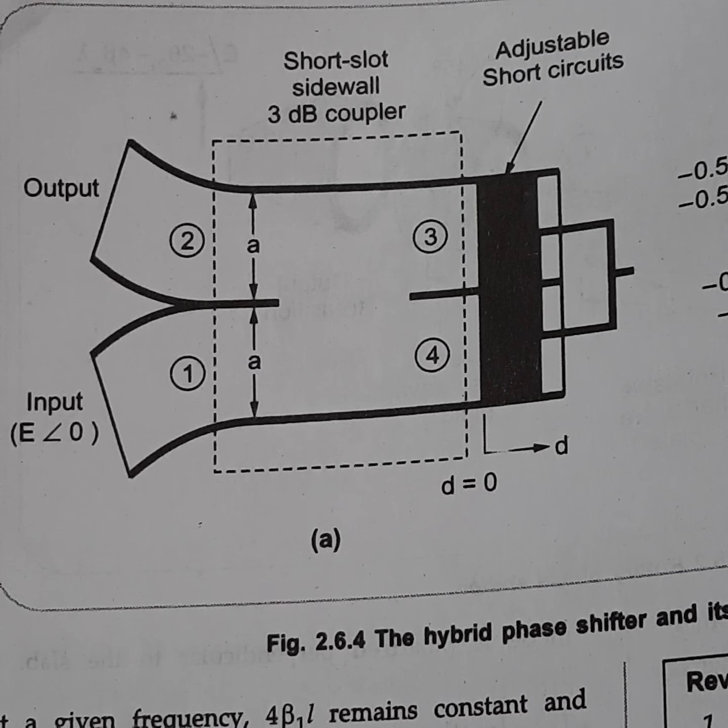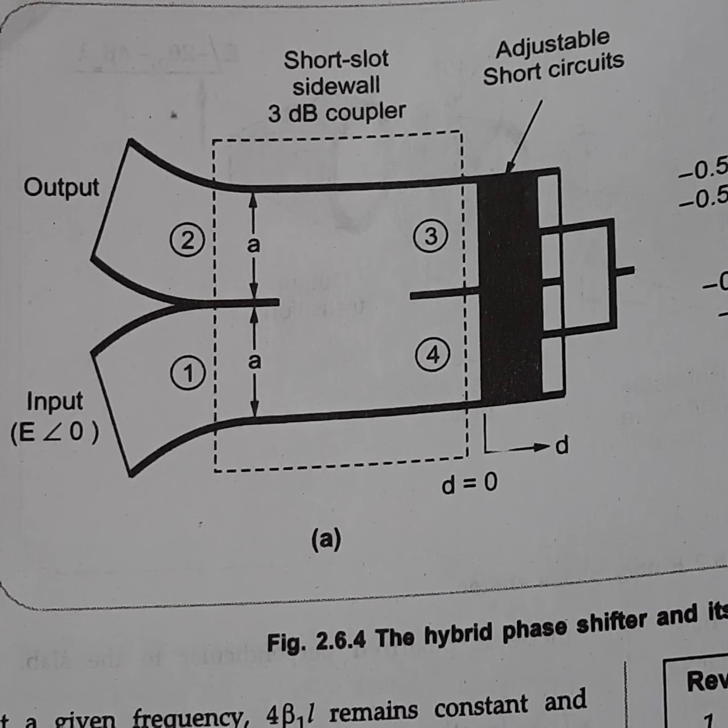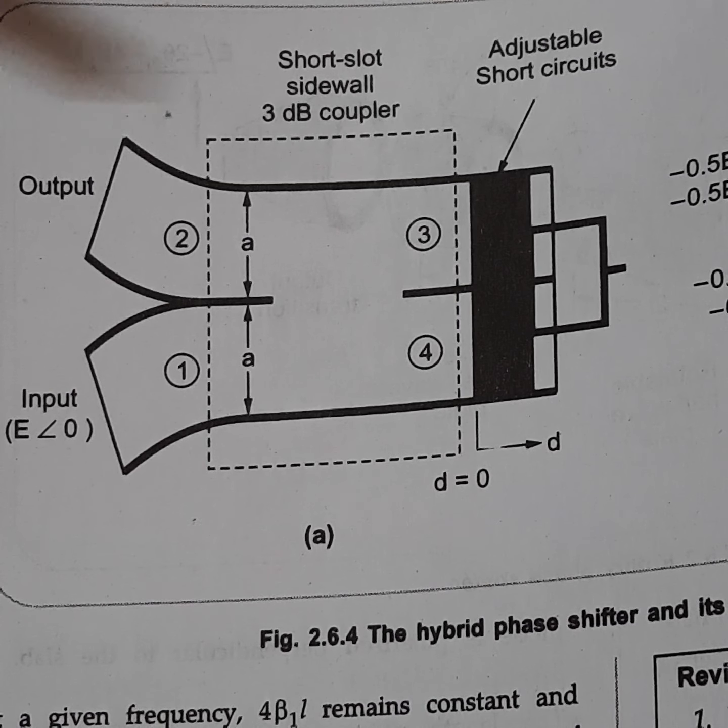It consists of a 3 dB short slot coupler and a pair of movable short circuits. The shorts are mechanically connected as a single movable unit. You can observe this in the figure.